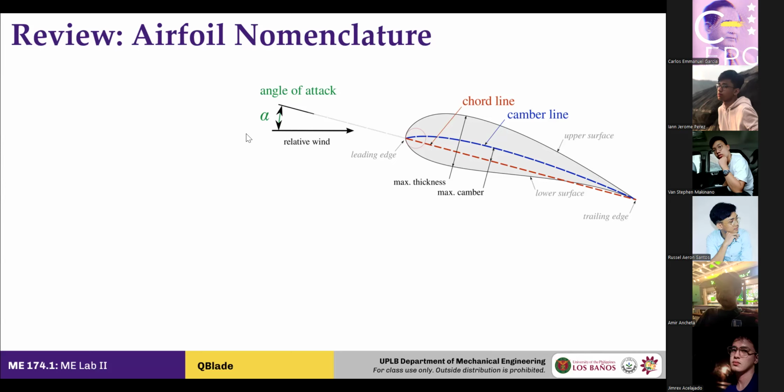Pero sa airfoil dynamics, usually angle of attack is alpha. It's the angle of the chord line with respect dun sa approaching wind. Sa amin nun, absolute angle of attack yung paggamit namin ng alpha. Pagdating naman sa relative angle of attack, we used beta. Ganun din ba sa inyo? Alpha for the absolute angle of attack, plus beta for the relative angle of attack.